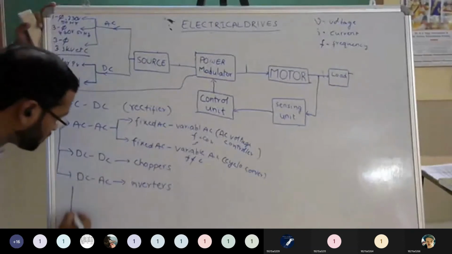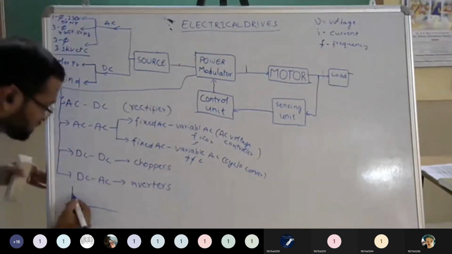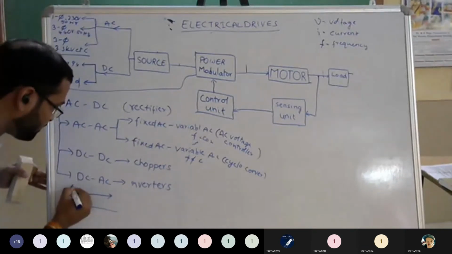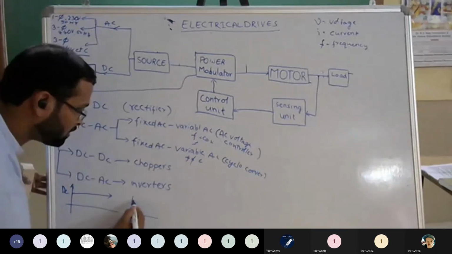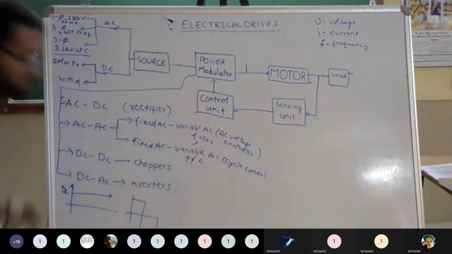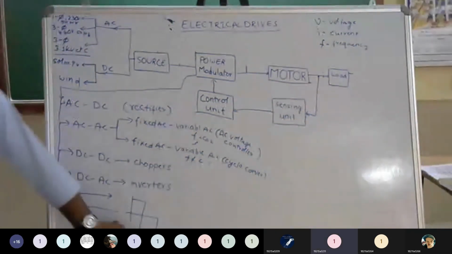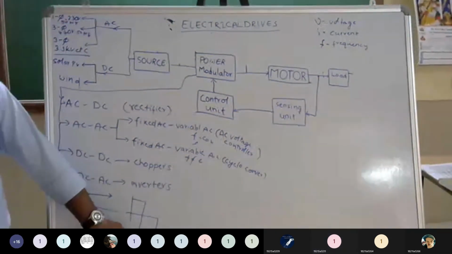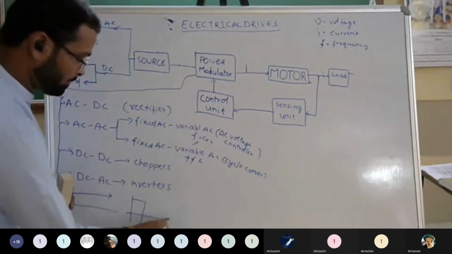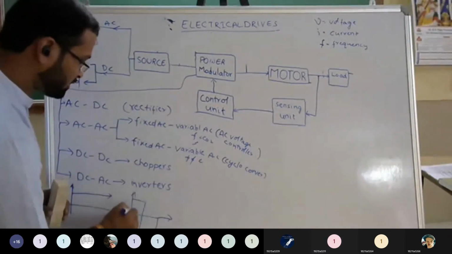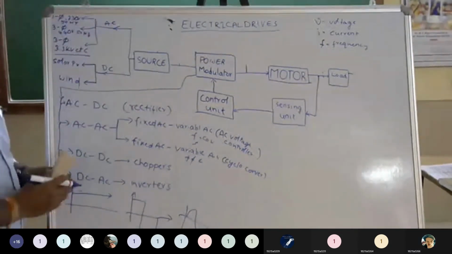I will tell. This is not out of class. Suppose this is the DC, right? Generally. And how will the AC be? I am saying that this is an AC waveform. Is this correct or not? Yes, sir.